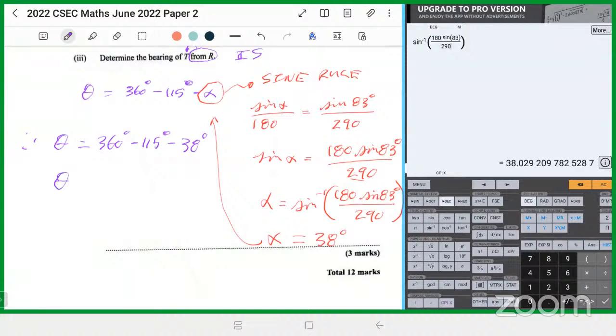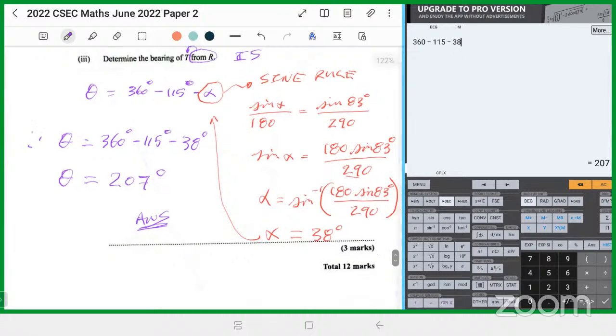And that becomes my bearing angle. Let's write it out: 360 minus 115 minus 38. I'm getting 207. It's already 3 digits, so I can leave it like that. That is my answer right there. 207 degrees, question done.